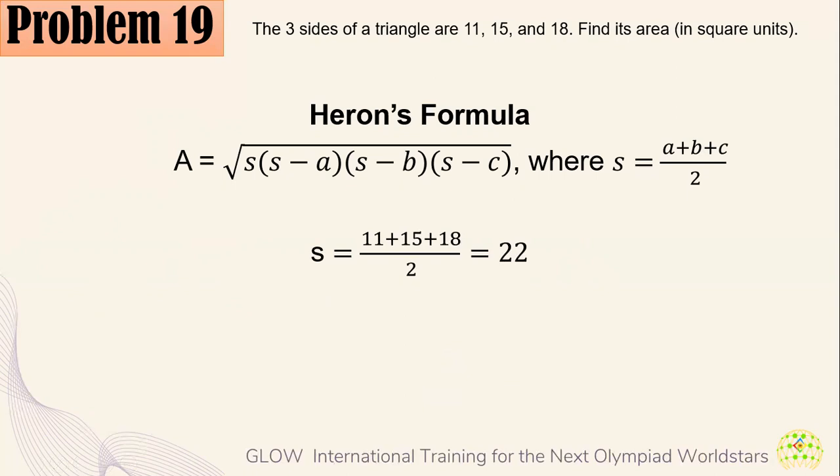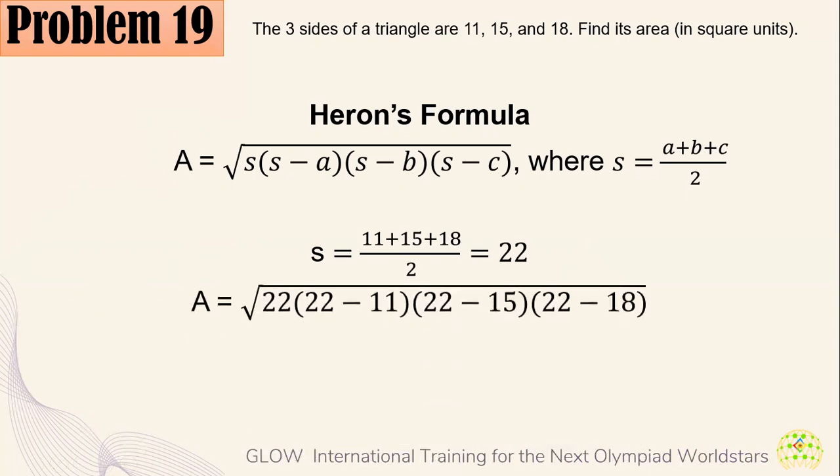So by substitution, A equals the square root of the quantity 22 times 22 minus 11 times 22 minus 15 times 22 minus 18. And this simplifies to 2 times 11, since I expressed 22 as 2 times 11.